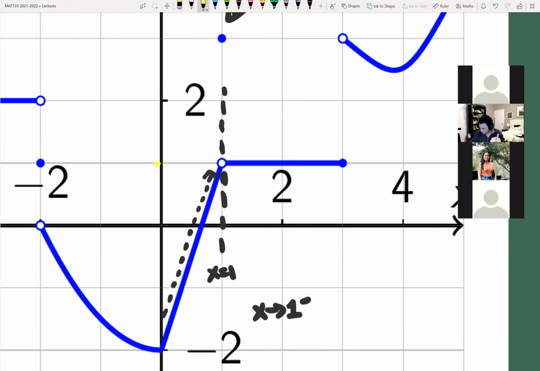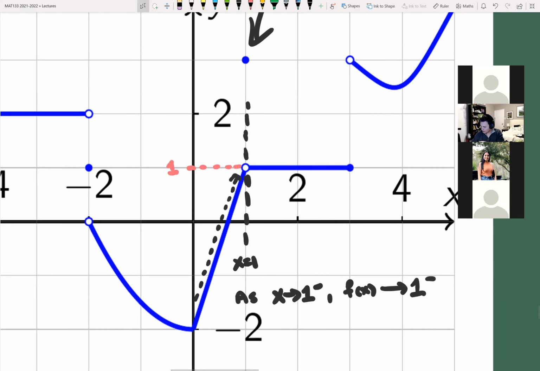Well, the y value that I'm approaching, oh, that yellow doesn't show up very well, I don't think. So I'm approaching this y value, that's 1, right? But in particular, I'm approaching it from below, right? So as x approaches 1 from the left, f of x is also approaching 1, but it is also approaching 1 from below, right?